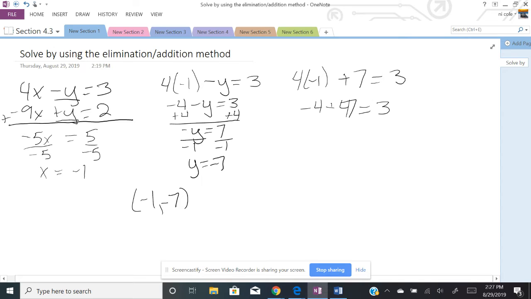So that becomes a plus, and that checks. See, this is why you check. Then you have -9 times -1 plus -7 equals 2. Negative makes a positive 9, minus 7 equals 2. That checks. So that's why it's so important to check your answer. Easy to make mistakes.